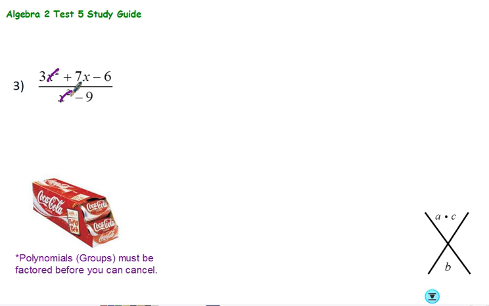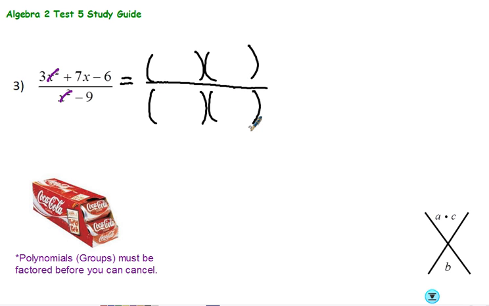If it's a part of a group, things must be canceled as a group, right? So we're going to have to factor this first. What we're looking for is that if we factor the top and then factor the bottom, and we have a group that's the same, maybe we could cancel them, but we have to cancel them as groups, so it has to be factored first.